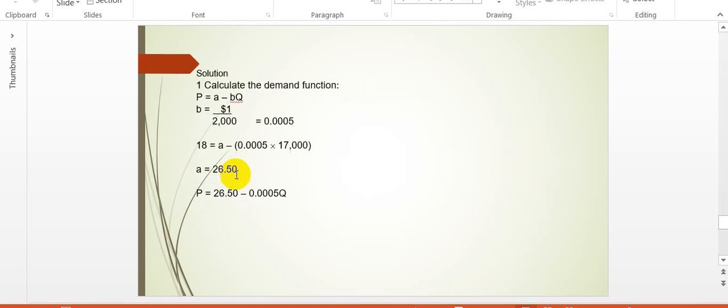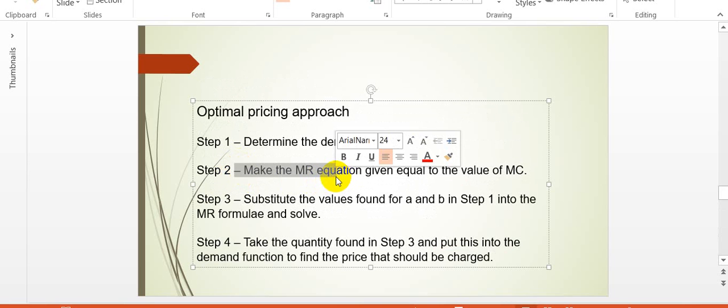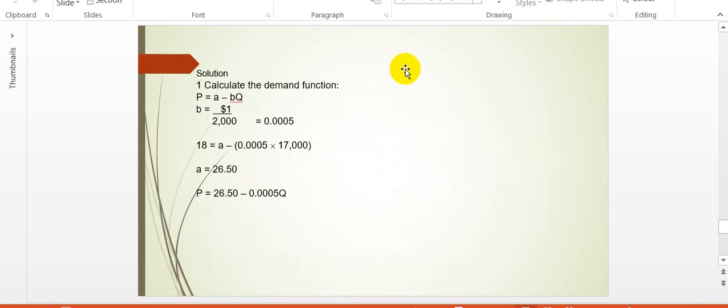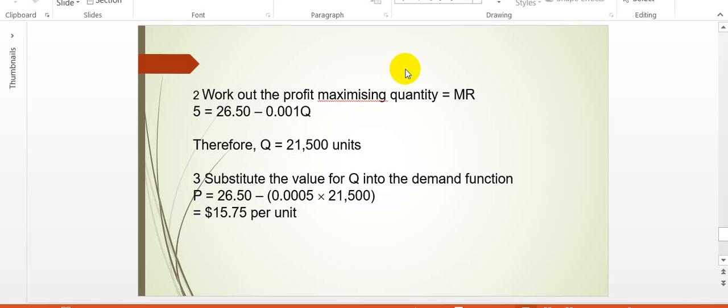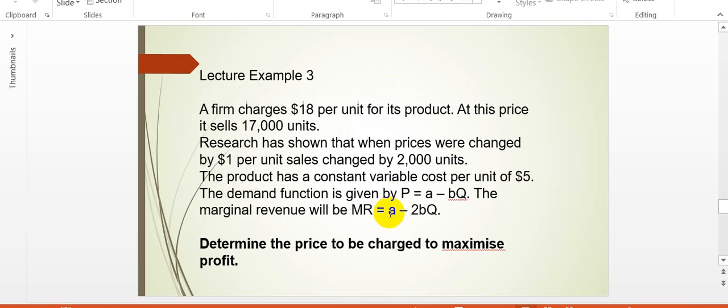Step 2 is to make the MR equation equal to the value of MC. So work out the profit maximizing equation. Our MR is given as A minus 2BQ.